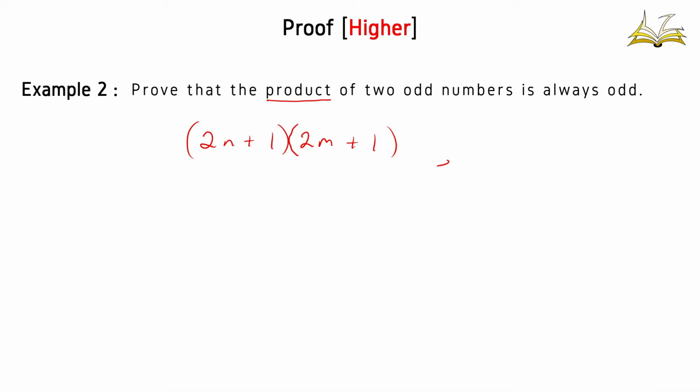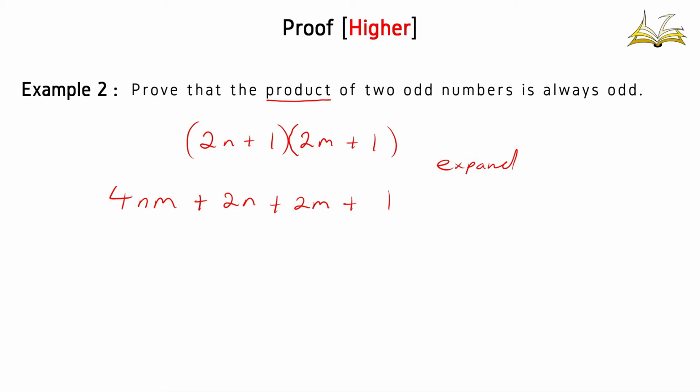Now we're just going to expand the brackets like we've learned earlier. So we're going to expand 2n times 2m, which will be 4nm. 2n times 1, which is plus 2n. 1 times 2m, which is plus 2m. 1 times 1, which is plus 1, right?